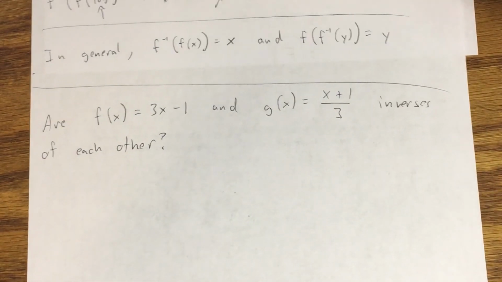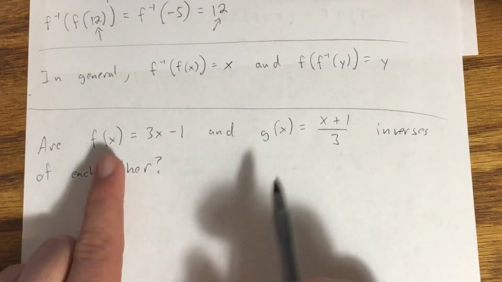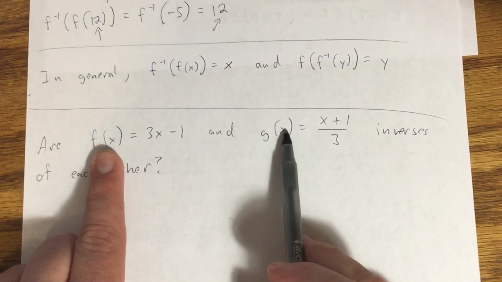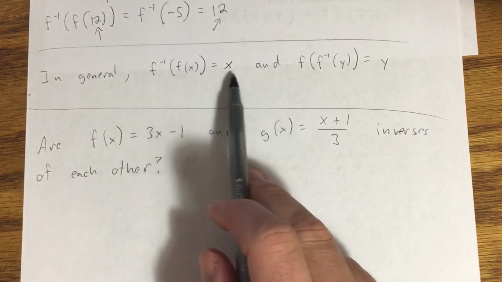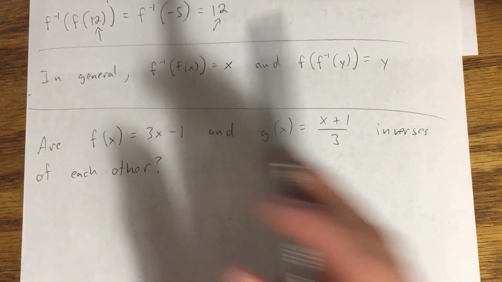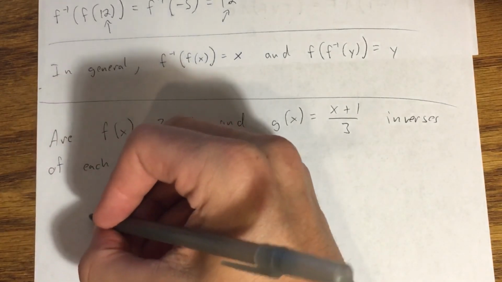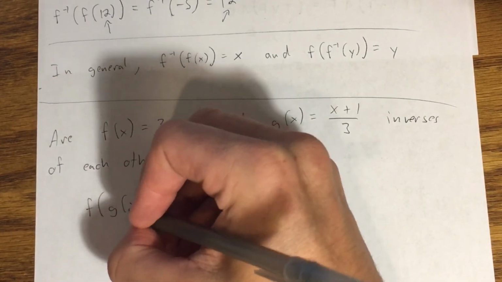To verify that, the goal is to compose these two functions, f of g of x, but also g of f of x, and show that in both cases, the end result is just whatever my input was, x. So I'm going to do one direction and leave the other direction as an exercise.